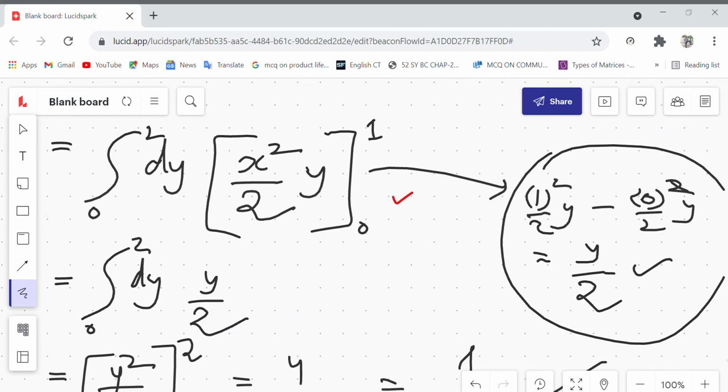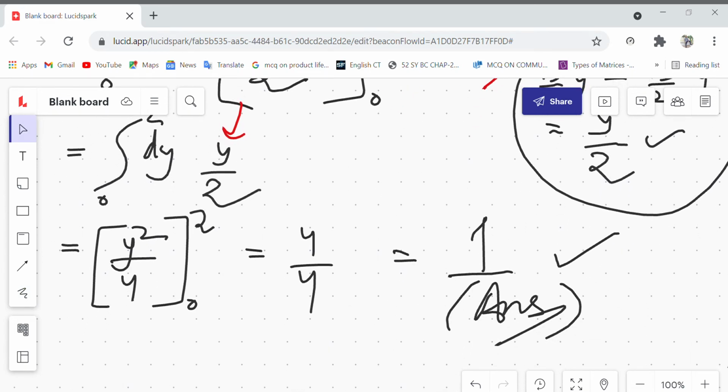And xy was xy dx. I integrated this one. Then how this value came, I have done it over here. Then dy, y by 2, that is y square by 4, integration, it is done, and limit 0 to 2, that came 4 by 4. So answer is 1. Type 1 in the chat box.